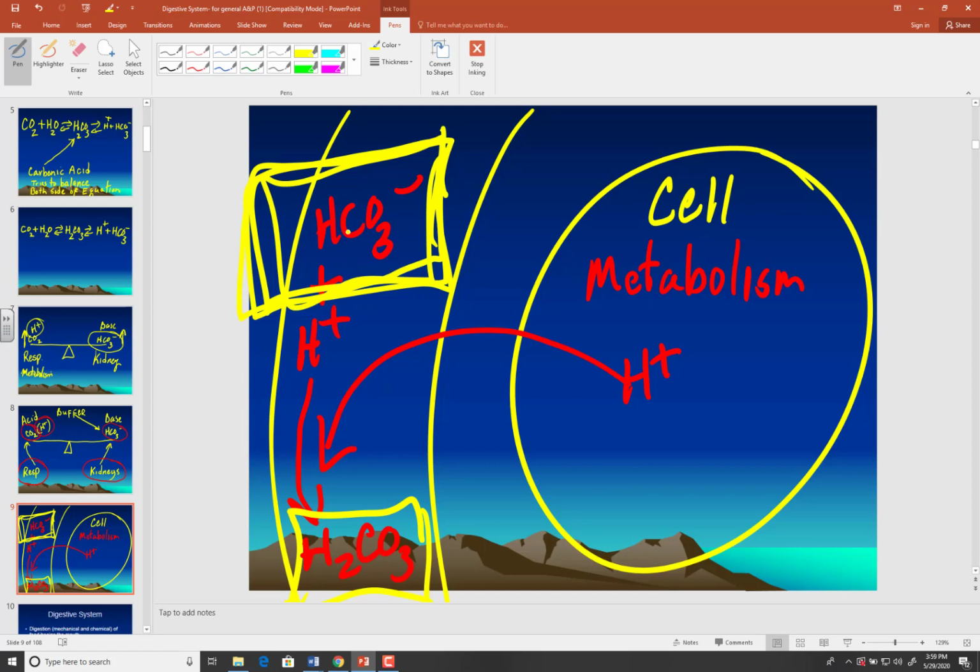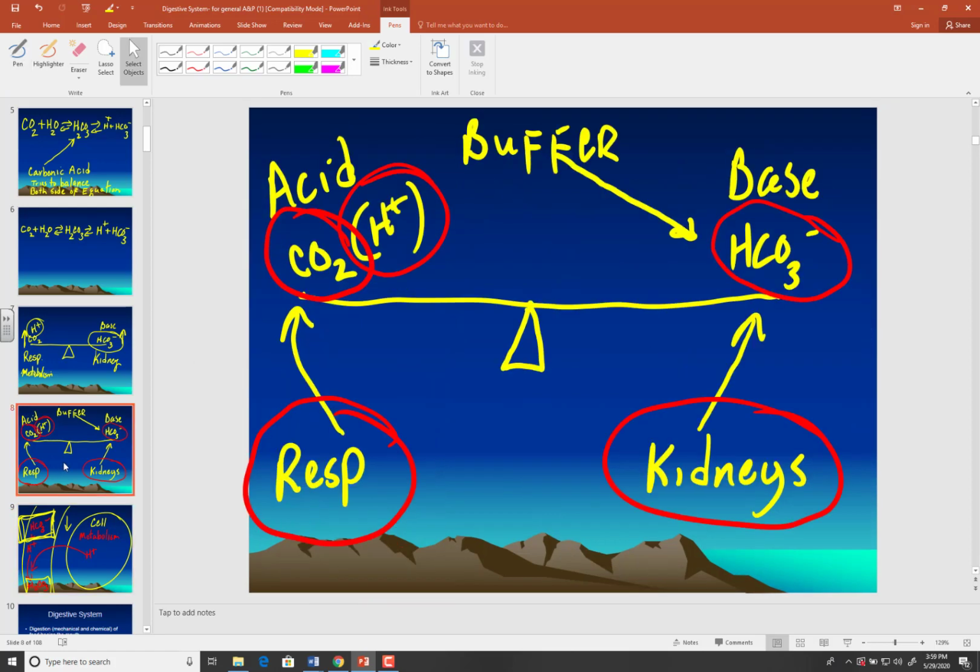What's going to happen is the bicarbonate is going to drop. Why? Because it's grabbing the extra hydrogen ions and then locking them up in carbonic acid. So you're essentially using up your bicarbonate. That's critical.